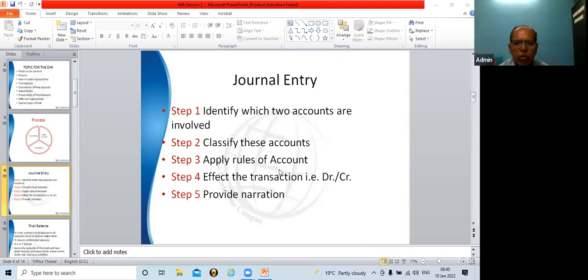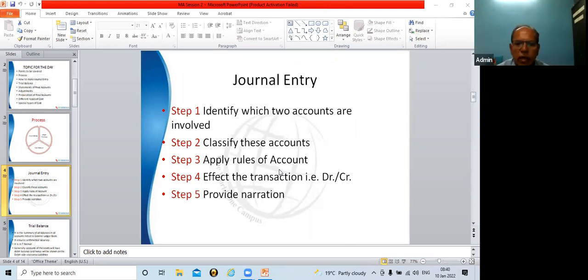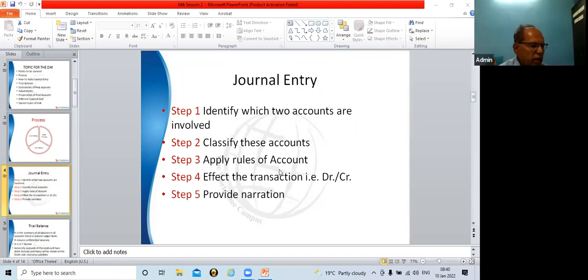So whatever is coming, that account should be debited. So what is coming to our business? Cash, building, machinery, and furniture. This all is coming into our business.